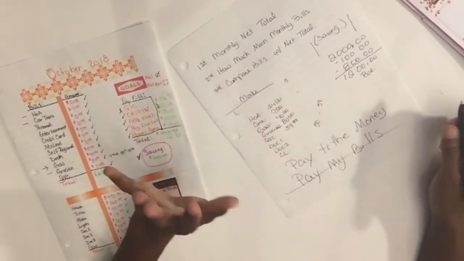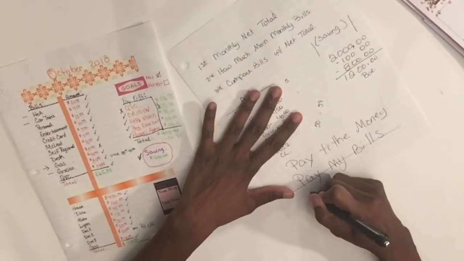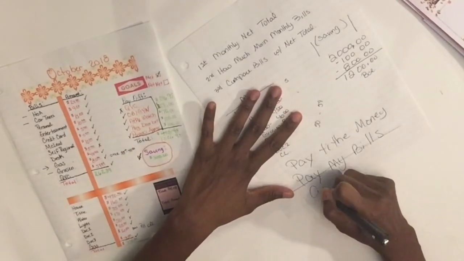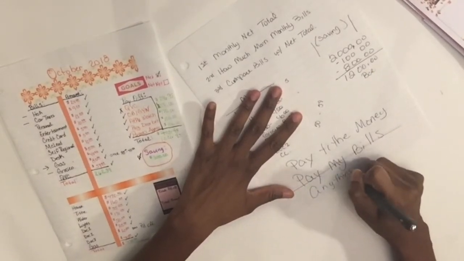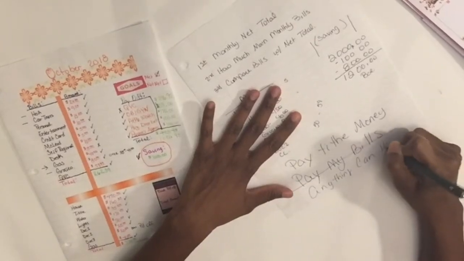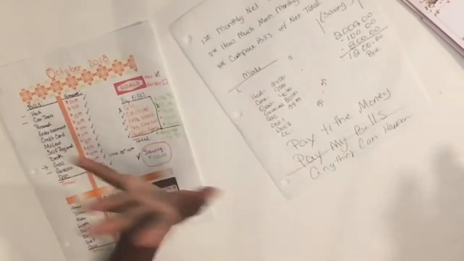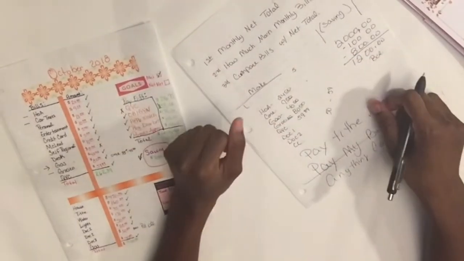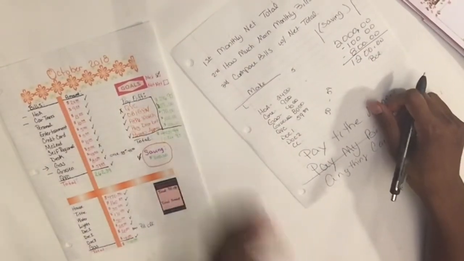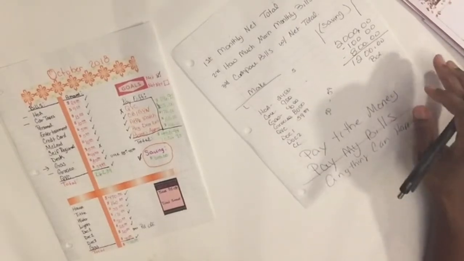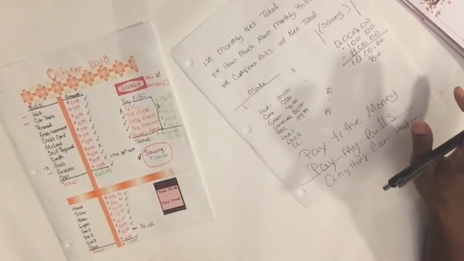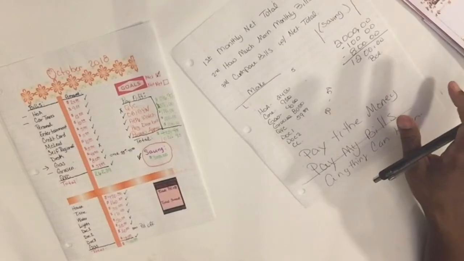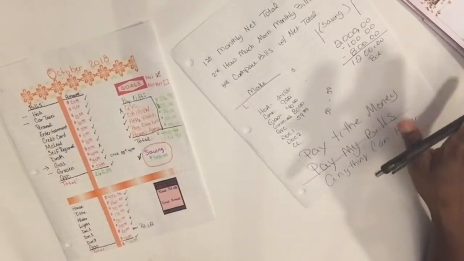After that, anything can happen. Meaning that I can do whatever I want to do with my money for that month, because guess what? All my bills are paid. And this is what I tell my kids. I tell my kids, because they're grown now.